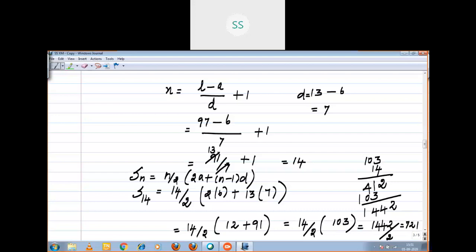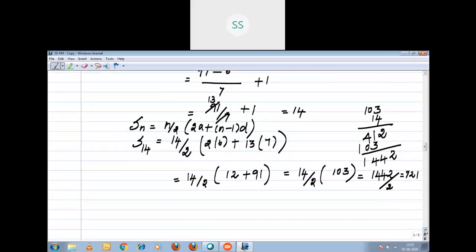The sum of the given series is how much? 721. Therefore, S14 equals 721. How many terms are there in the given series? 14 terms.